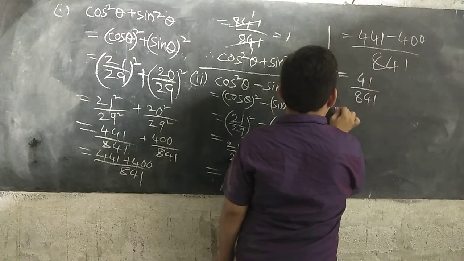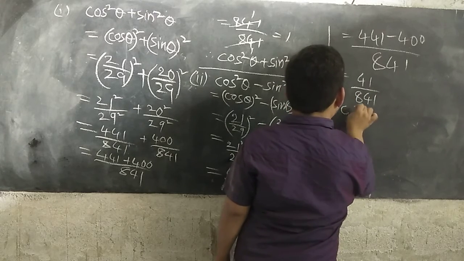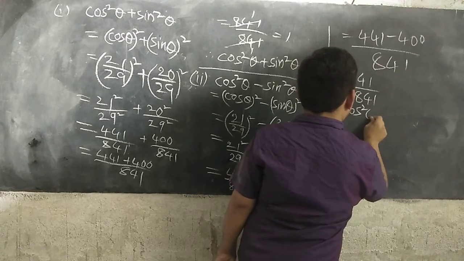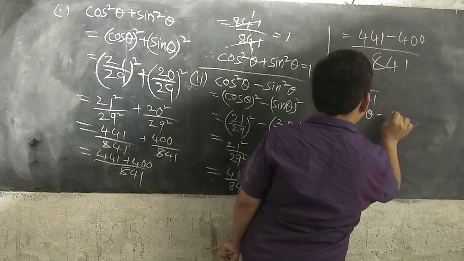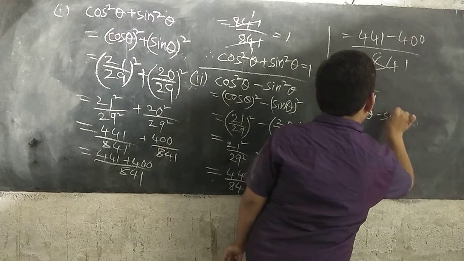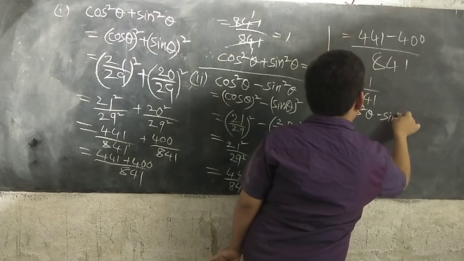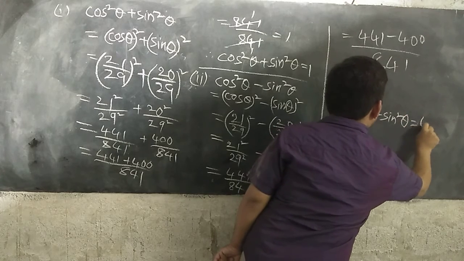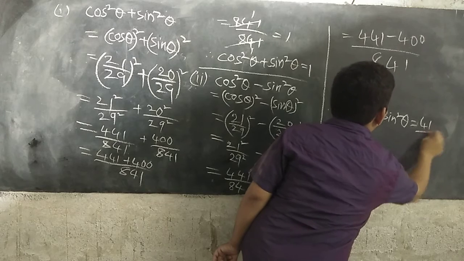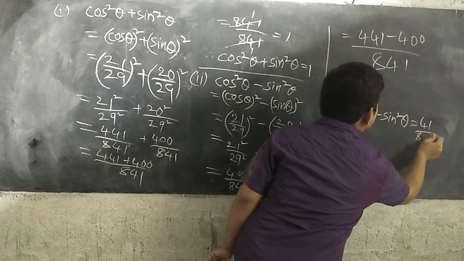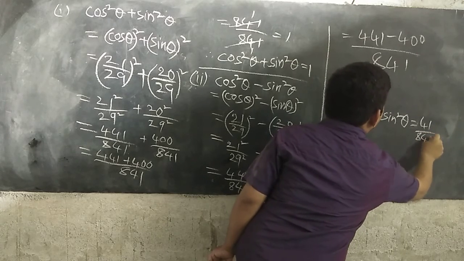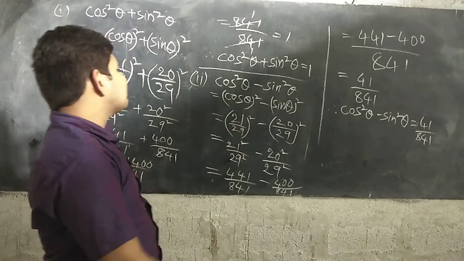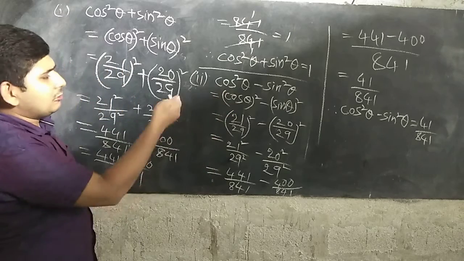So therefore cos square theta minus sin square theta equals 41 by 841. This is your example number 6. In this way you have to simplify the square values.